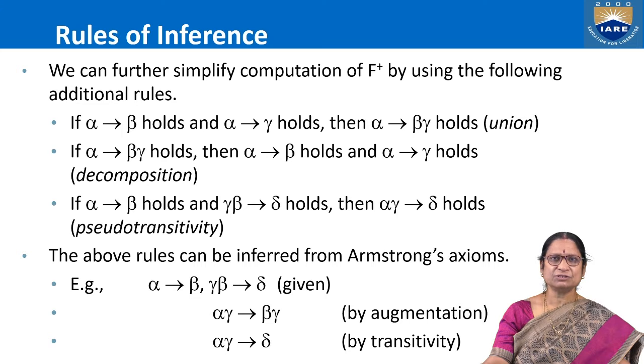Similarly, in decomposition also, the right hand side set of attributes can be decomposed, but not the left hand side. Pseudo-transitivity means if alpha determines beta, and some set of attributes gamma is added on the left hand side, gamma beta determines delta, then alpha gamma determines delta can be considered pseudo-transitivity.